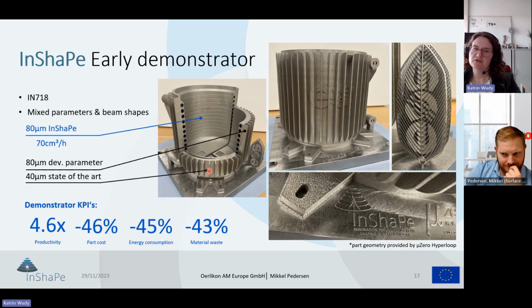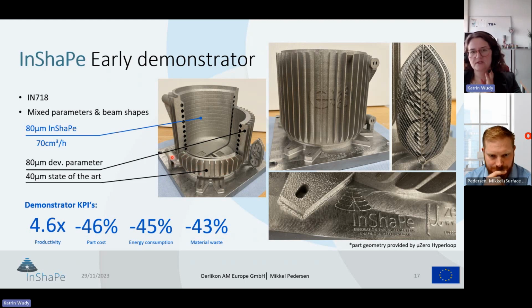So what we are doing is actually the aim is to get 100% dense parts. What we are doing is we are changing the melt pool size. So we are creating a bigger melt pool, and this means that we can also change the hatch and so on, and therefore we are increasing productivity. I'm not sure if you see the slides, but here you see it nicely.